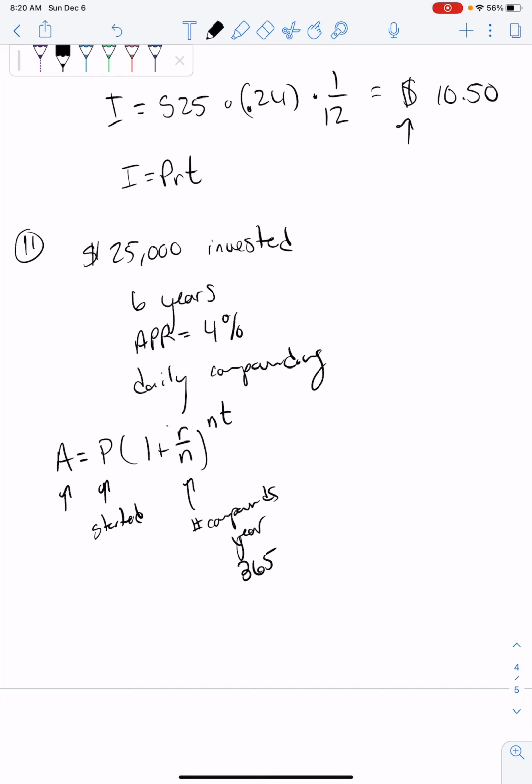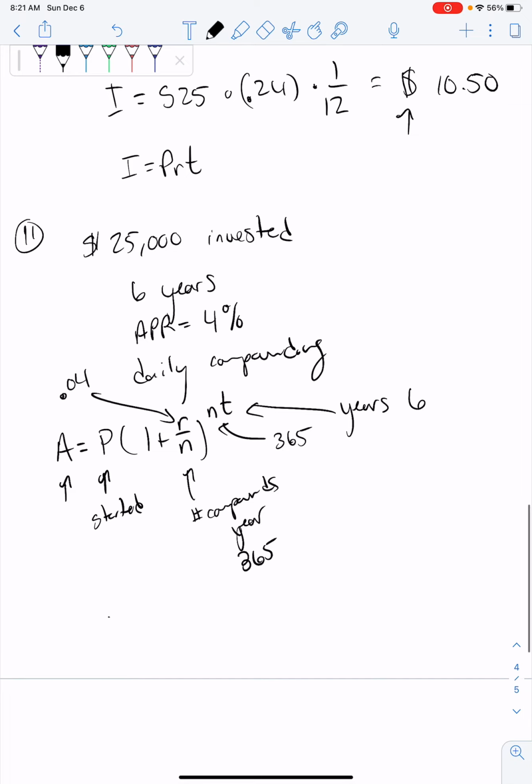My R, my rate, is my percentage, so 0.04. We're going to write it as a decimal. My N, again, is 365. It hasn't changed. And T is for years, and we are investing for 6 years.